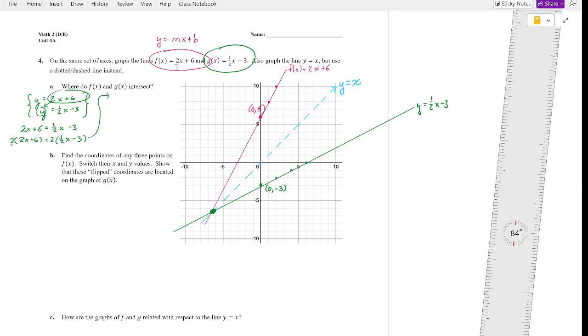Then we get 4x plus 12 equals 1x minus 6. And then this will be 3x equals negative 18 if you subtract the 12. Then divide by 3, and you get x equals negative 6. And if you plug it back into either of them, you get y equals negative 6 also. So (-6, -6) is where they intersect.